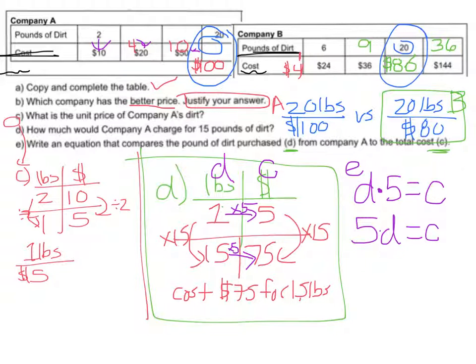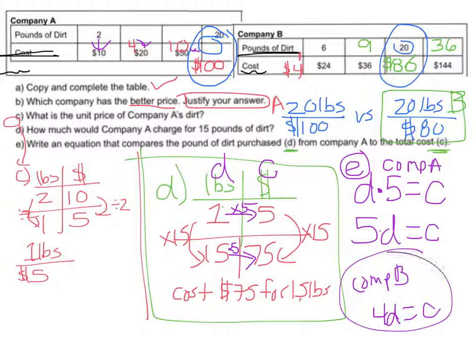And that is for letter E, my equation for Company A. Just in case you were curious about going a little step further, for Company B, you would have 4 times D is equal to the cost. So that way we can compare Company A and Company B. But that's just a little extra there.